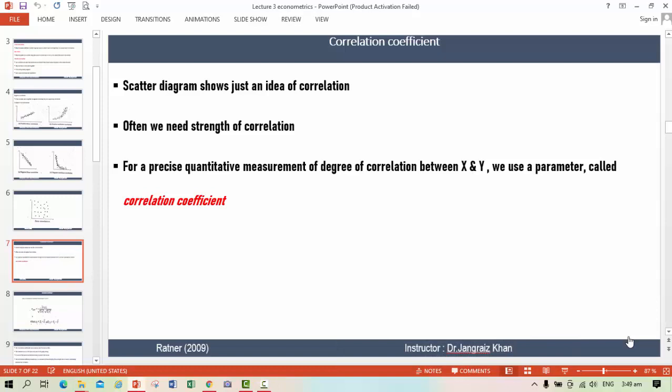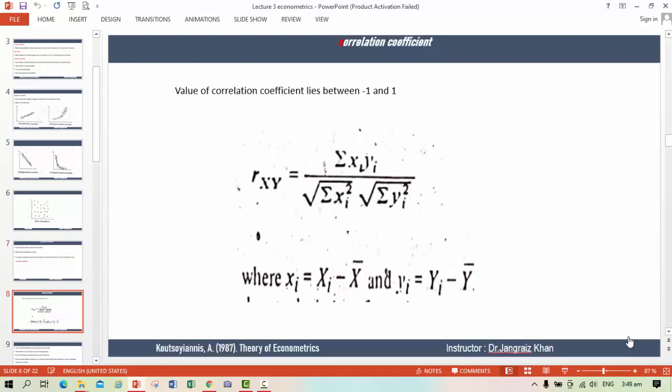The value of the correlation coefficient quantifies the correlation between two variables x and y.